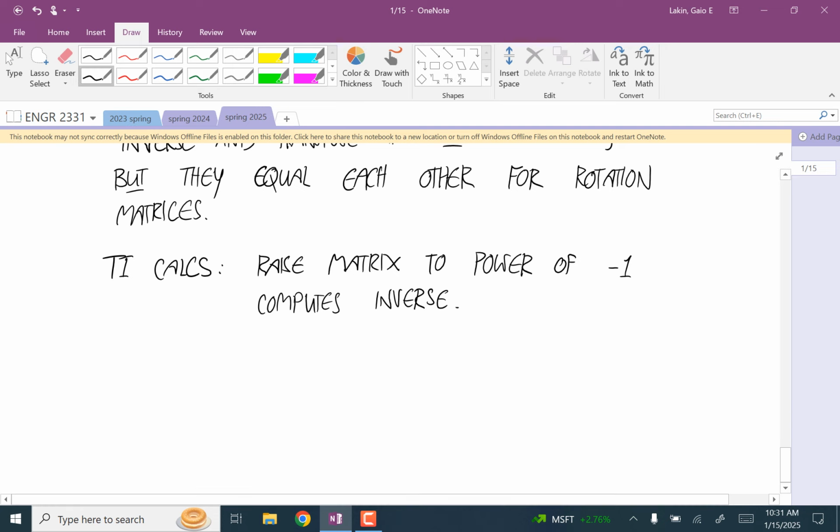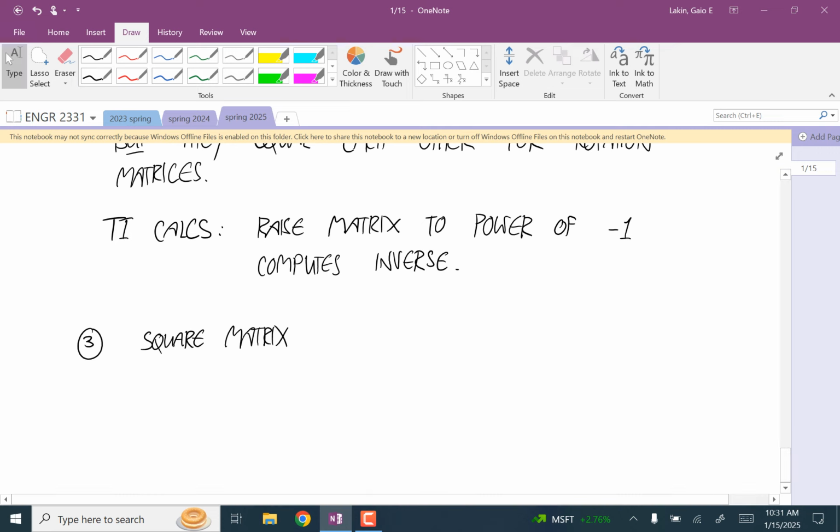Okay, the third one is a square matrix. I think if you had to guess what a square matrix is, every one of you would guess right. It has the same number of rows as columns.